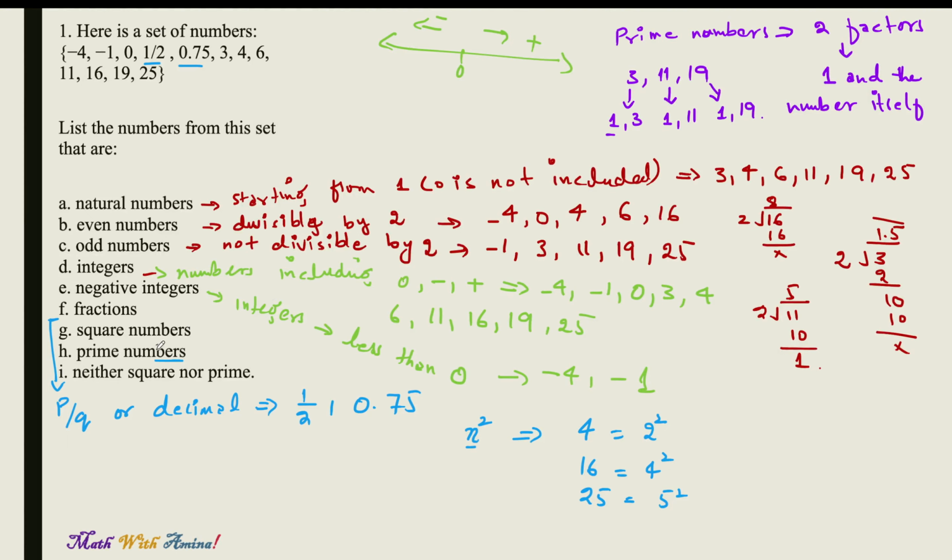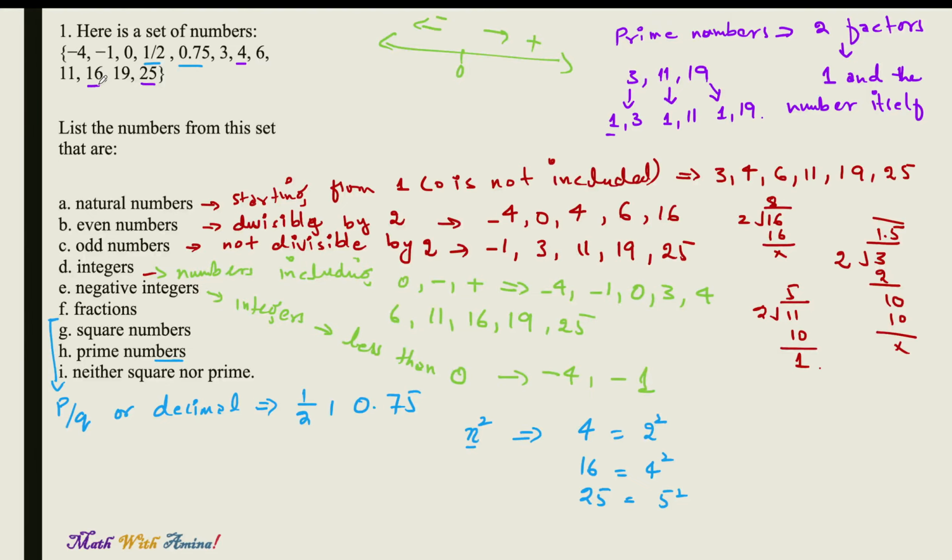Then we are having neither square nor prime numbers. So what are neither square nor prime numbers? What we will do is remove all the square and prime numbers. The square numbers were 25, 4, and 16.